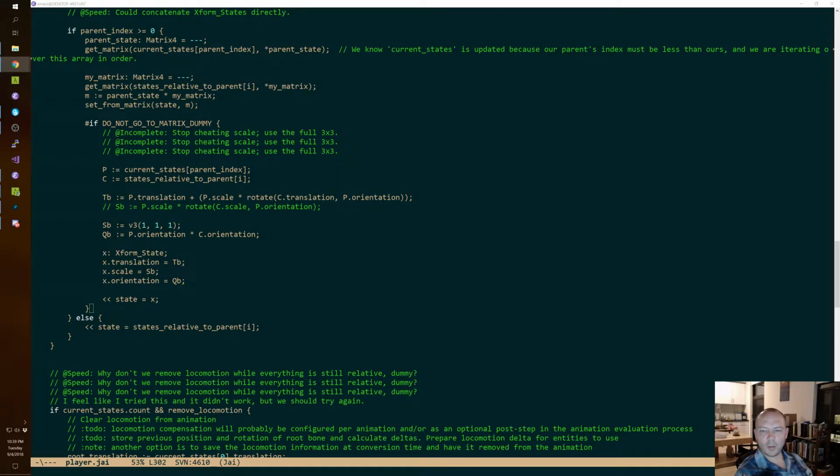The double less than dereferences a vector. Yeah. How come I'm not using my compile time sparse matrix? Why would you use a sparse matrix for 4x4? Oh, you mean to store these things?